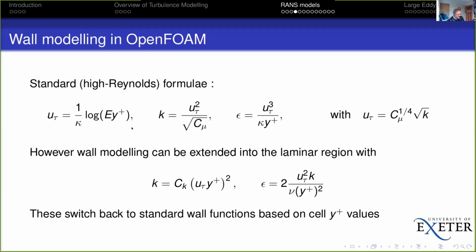More recently, you can have flexible wall modeling, which extends into the laminar region. It checks the local y plus value and switches between logarithmic values and quadratic values based on whether this is the logarithmic turbulent flow or the laminar sublayer there.